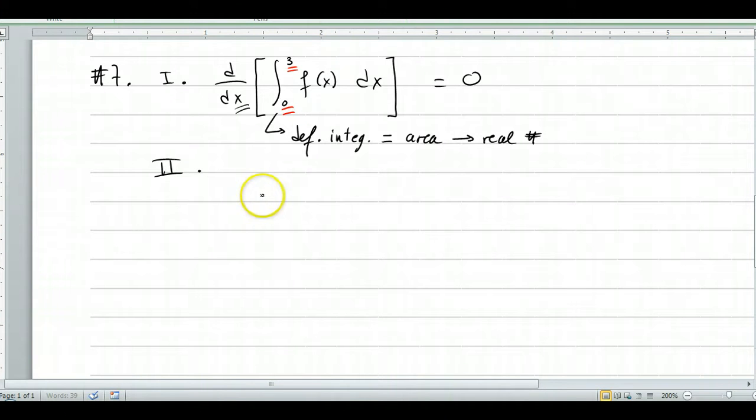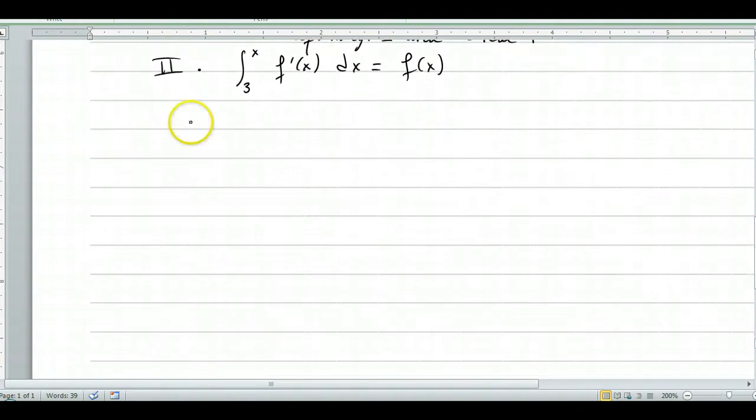Okay, so the second one is almost correct. Almost correct. Dx equals f of x. Now, this is not true. It's almost correct. Let's try to dig a little bit into it. You need to know that the integral and the derivative undo what the other one does, right?